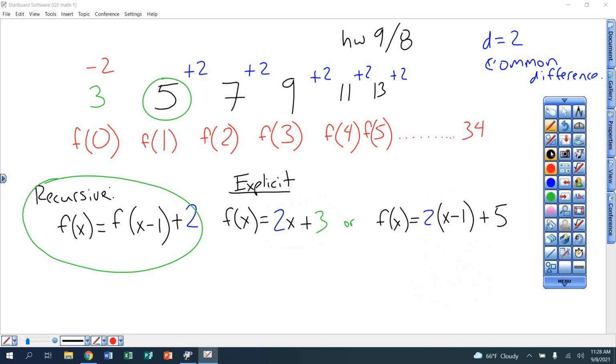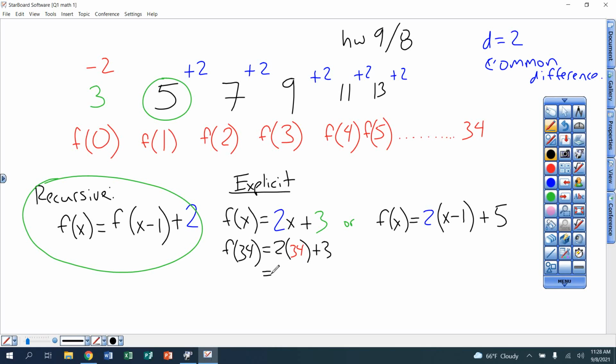So if I wanted to plug in the 34th, I could either plug in 34 right here. Second word is curl. Curl. I could plug in my 34 right here, times it by 2, and then add that to 3, and I'll show you how the other one gives you the same answer as well.